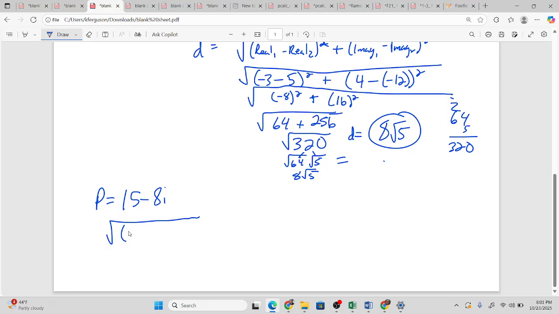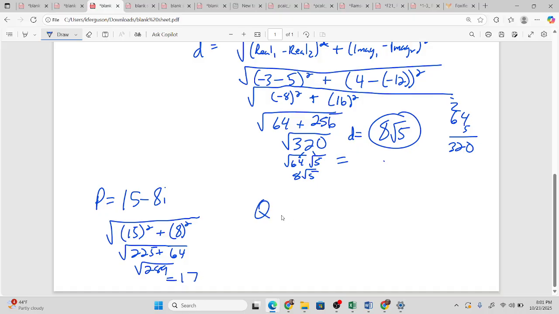I'm going to take my real number to the second power plus my imaginary number to the second power, and take the square root. That's going to be the modulus. So that's 225 plus, was that 64? That should be 289. And guess what? If you take the square root of 289, it's 17. So the modulus for that one is 17.